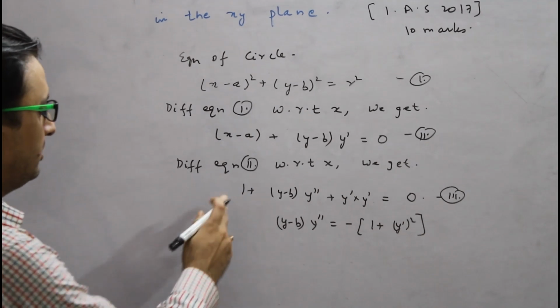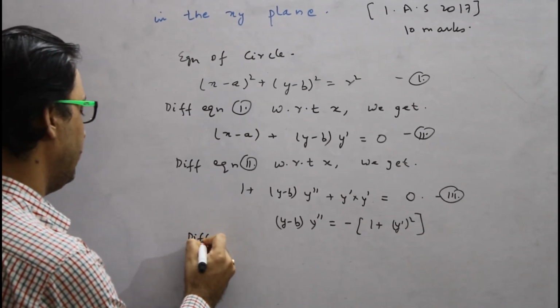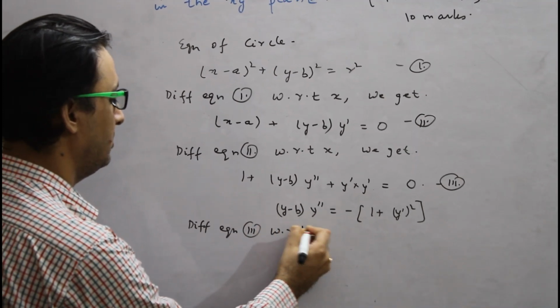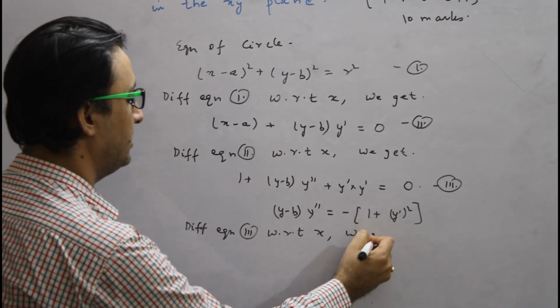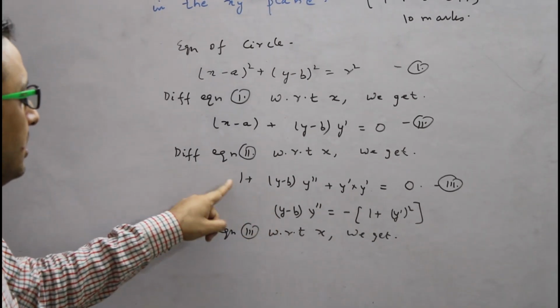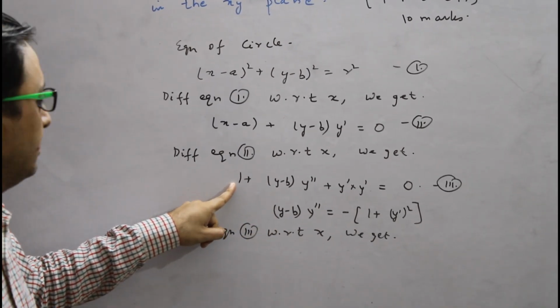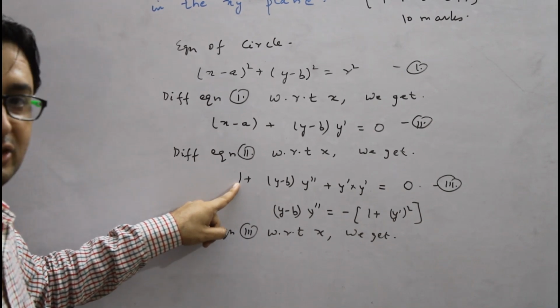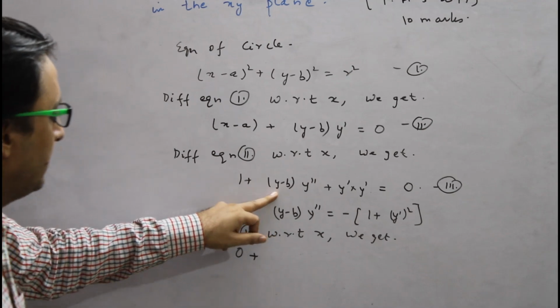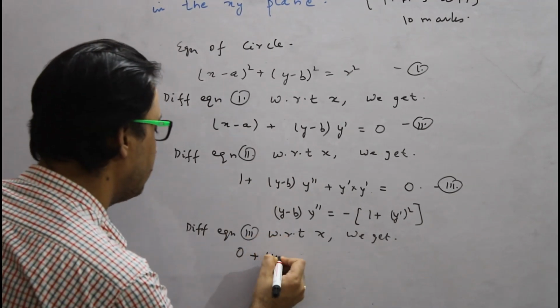Alright. So now I am going to differentiate equation 3 with respect to x. This is a constant, so its derivative with respect to x is 0. Again I am going to keep this as constant.